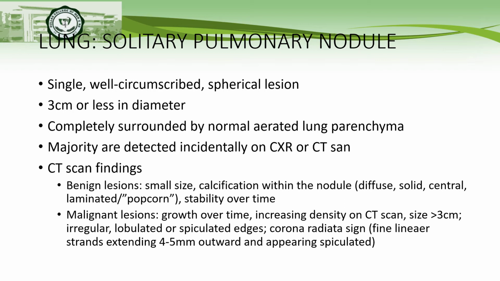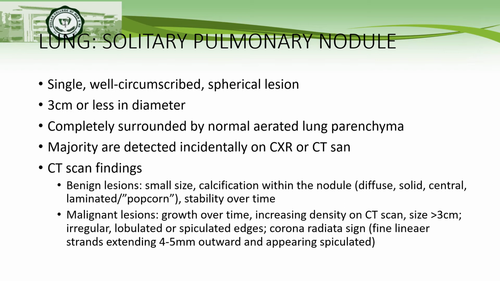Now we have another entity that is quite common. This is what we call the solitary pulmonary nodule. Solitary pulmonary nodules are single, well circumscribed spherical lesions that are 3 centimeters or less in diameter. They are completely surrounded by normal aerated lung parenchyma.